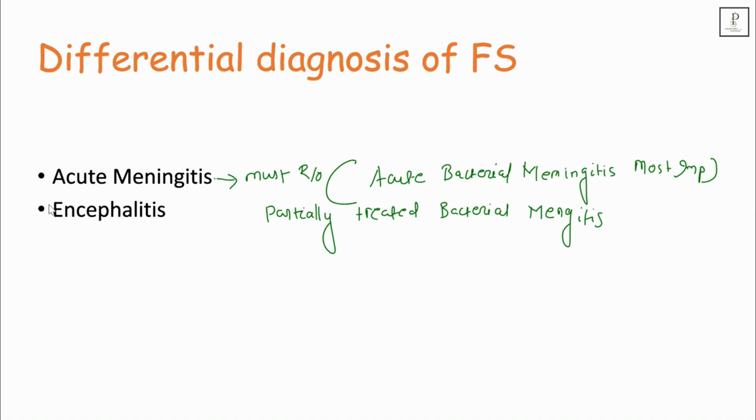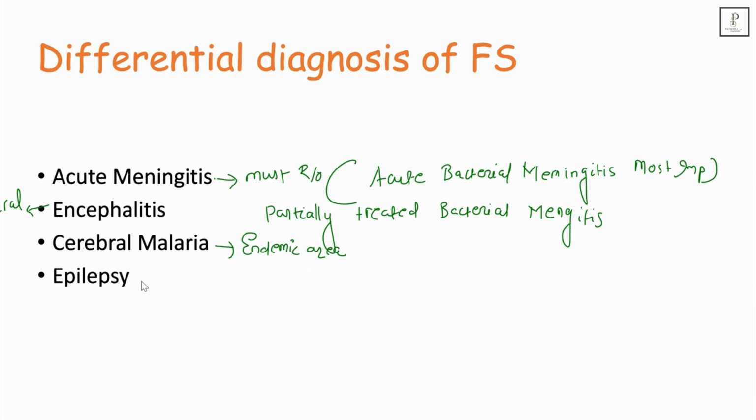So encephalitis, mostly it is viral encephalitis, which presents like fever and seizure. Then cerebral malaria. It is common in the endemic population. So if in an endemic area a child presents with fever and seizure, then cerebral malaria must be ruled out.